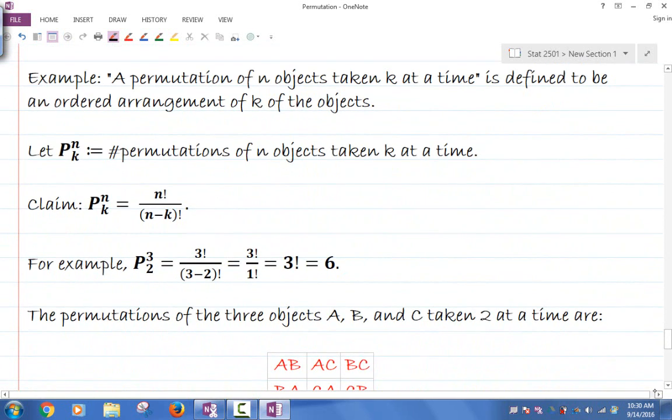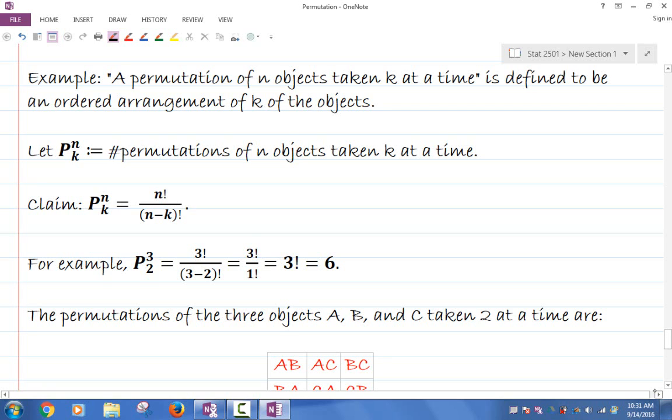Okay, so here is another example. Oh no, this is not an example. Sorry, this should have said a definition.